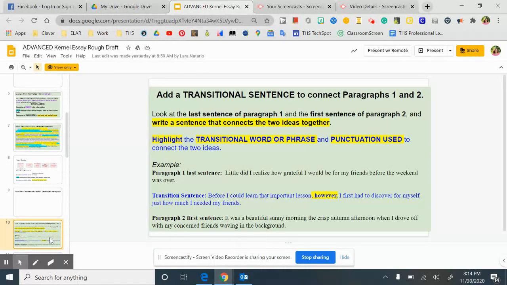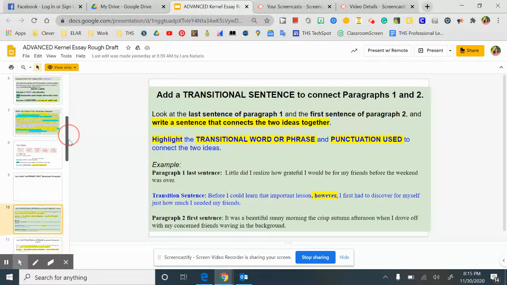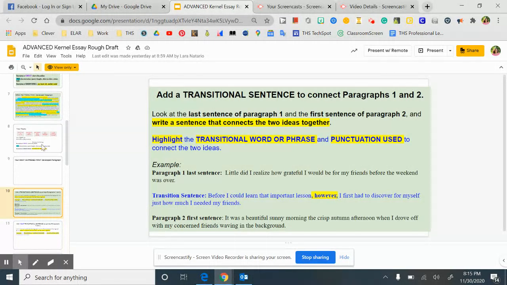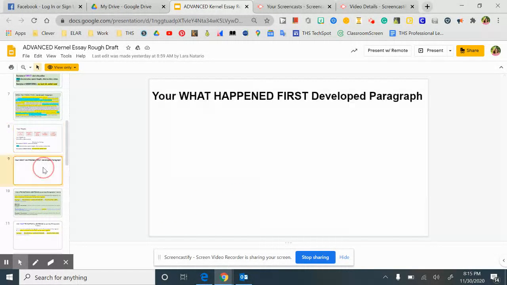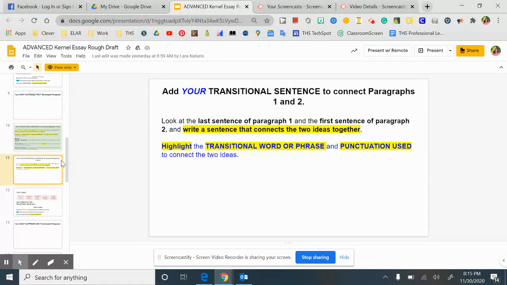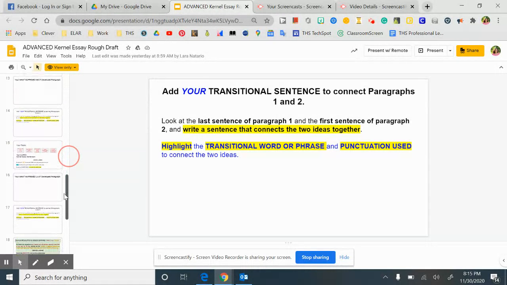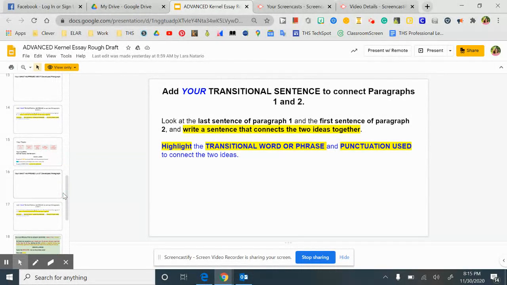The trick here, you have to have completed your paragraph one and paragraph two before you can create a transitional sentence, okay? Then you are going to continue on developing the rest of your kernel essay sentences into paragraphs.